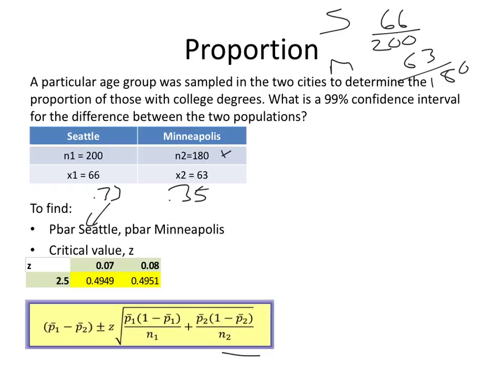Okay. So then we also need the critical value, because you remember for proportions our general formula is point estimate plus or minus critical value times standard error. So we need our critical value, and we're looking for a 99% confidence interval estimate.